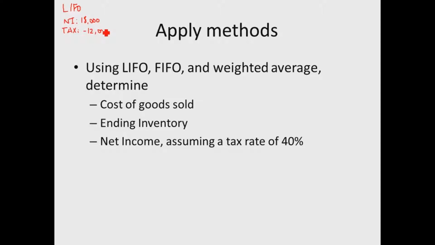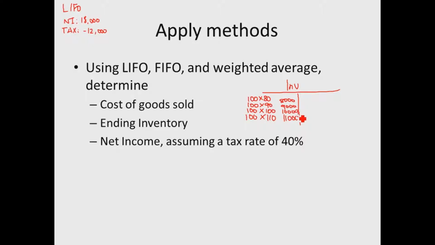First in is the first out, so the units that I sell first come from the units that I purchased first, and so on and so forth. If I go back to my inventory account, I bought 100 units at 80, 100 units at 90, 100 units at 100, and 100 units at 110. So 8,000, 9,000, 10,000, 11,000.